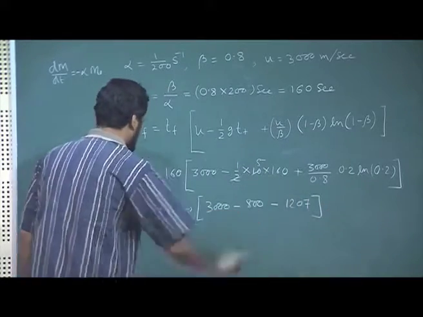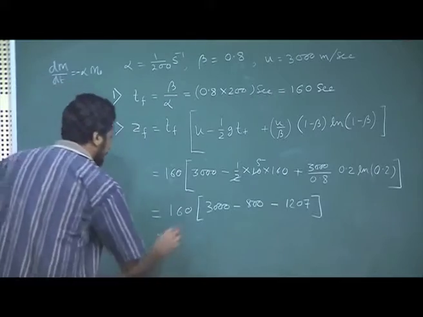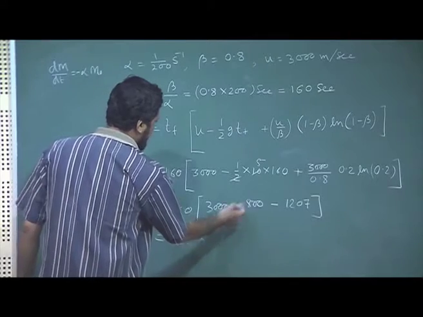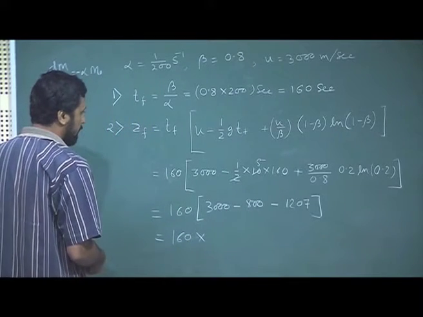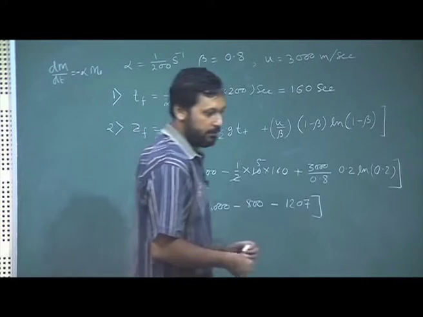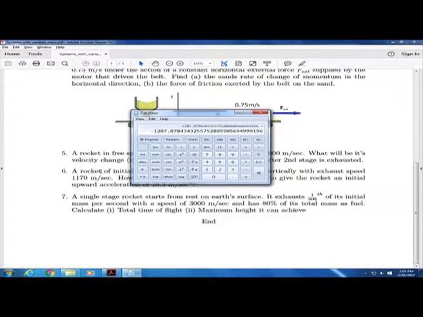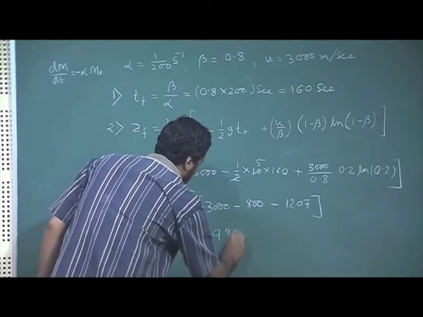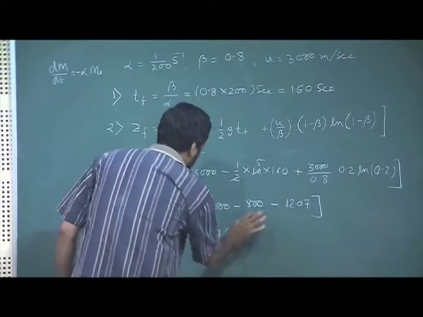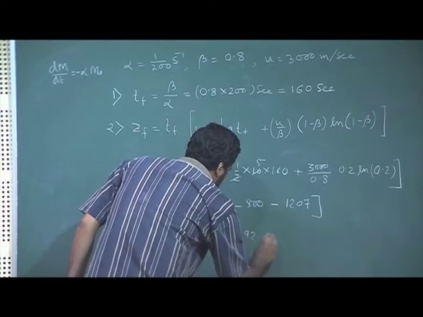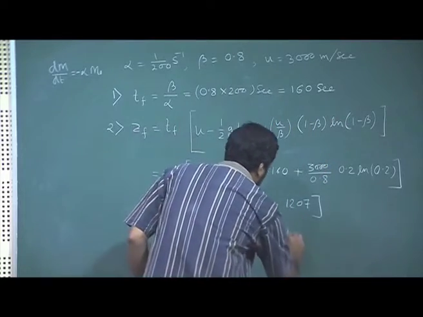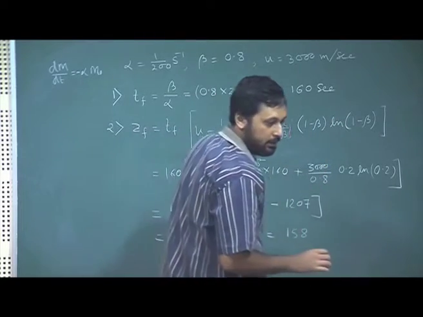So, there is a decimal point, but I am just not considering that. So, it is 160 into, so 3000 minus 800 is 2200, 2200 minus 1207. So, it is essentially 992.92, and this will give you 158.8.